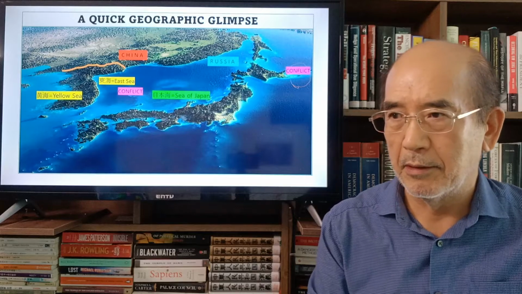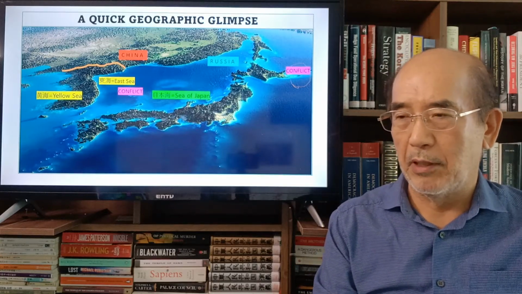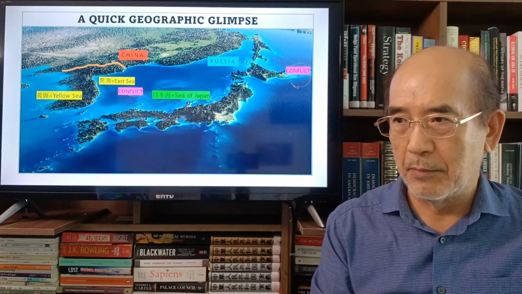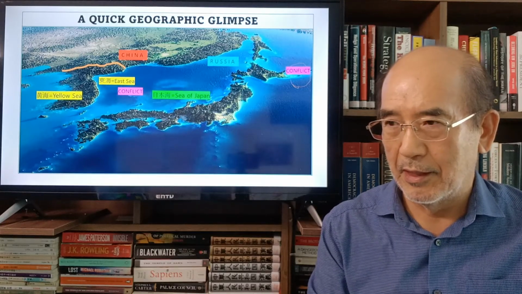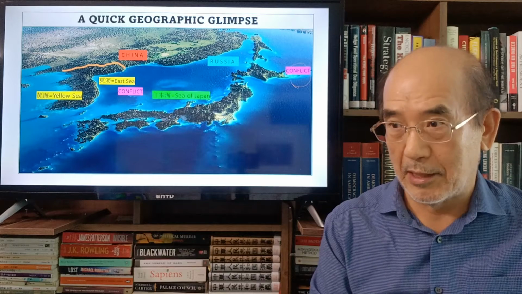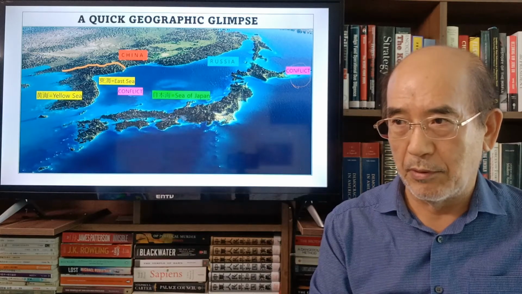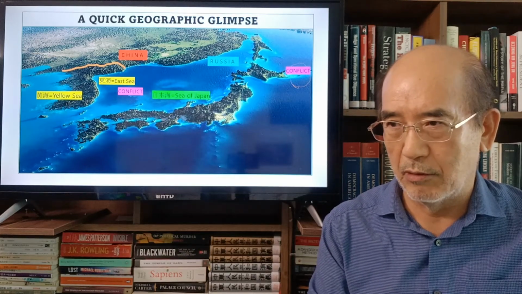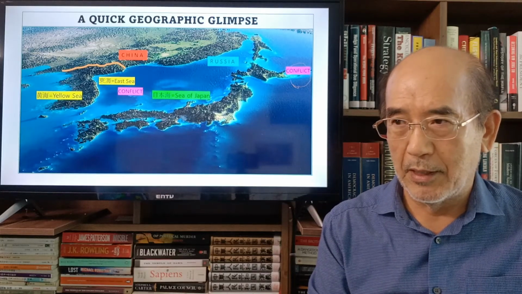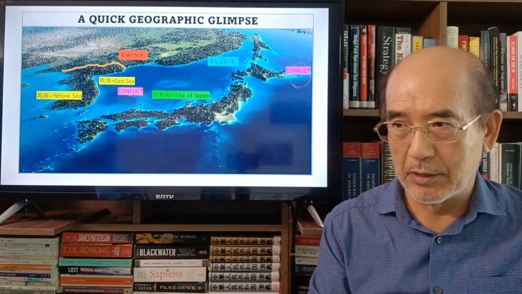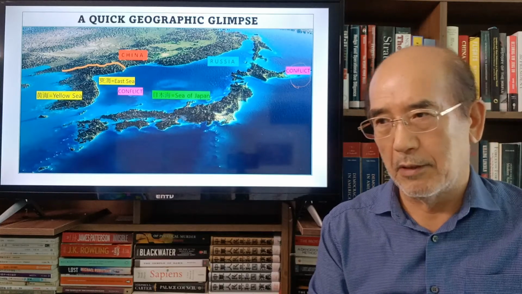On the other hand, if you look at the Japanese archipelago, on the top middle part of the right side is a chunk of land in a brown color. That is actually the Great Kanto Plain, which contains Tokyo. And if you go down, we have the Osaka and Kyoto area, which is also a plain on the right side.